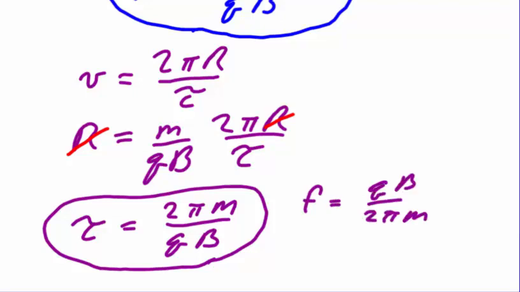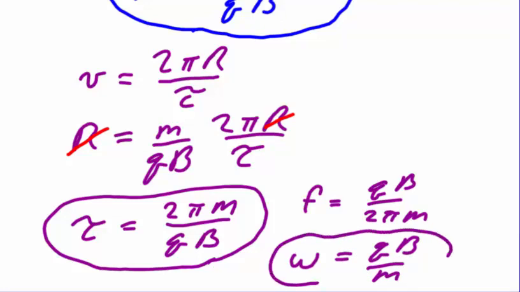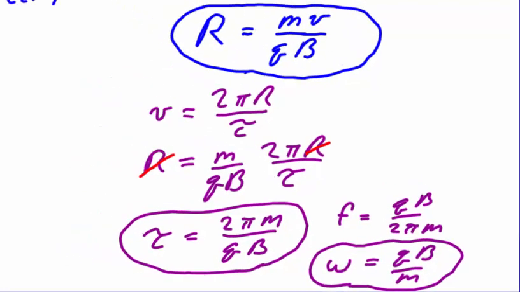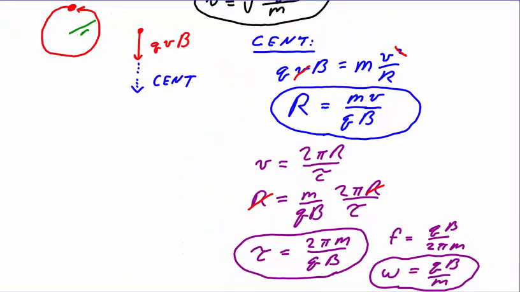And finally, omega, 2 pi times the frequency of these particles, is the very simple expression qB over mass. And qB over mass is known in the field of accelerator physics as the so-called cyclotron frequency.